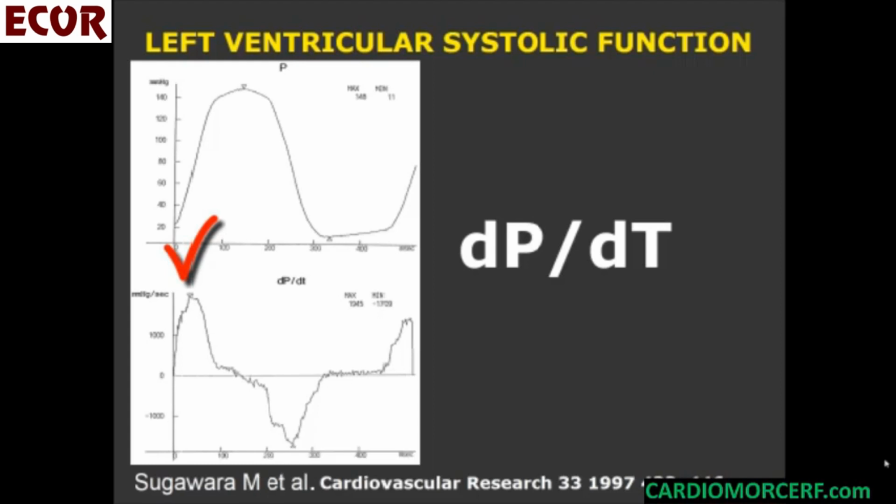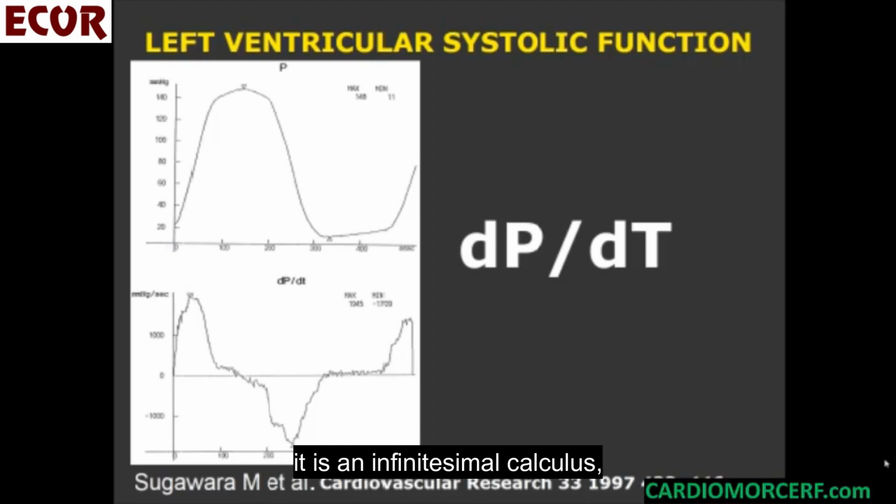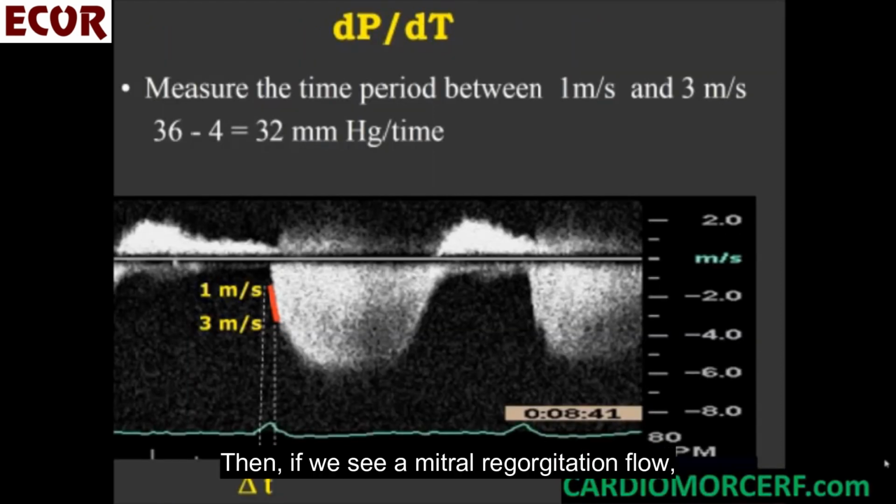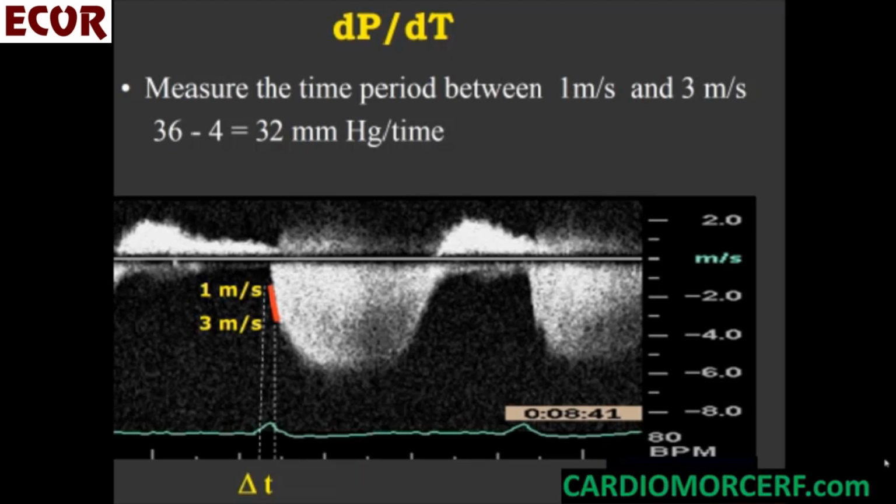Then, it is an infinitesimal calculus, a derivative of pressure and time. If we see a mitral regurgitation flow, it could represent a pressure curve of the left ventricle, since this is a velocity curve that indicates the gradient between the left ventricle and the left atrium.